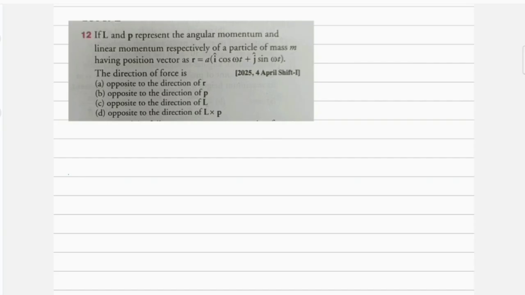If L vector and P vector represent the angular momentum and linear momentum respectively of a particle of mass m having position vector r vector equals A times cos omega t i cap plus sin omega t j cap, the direction of force is: option A, opposite to the direction of r vector; option B, opposite to the direction of p vector; option C, opposite to the direction of L vector; option D, opposite to the direction of L vector cross P vector.